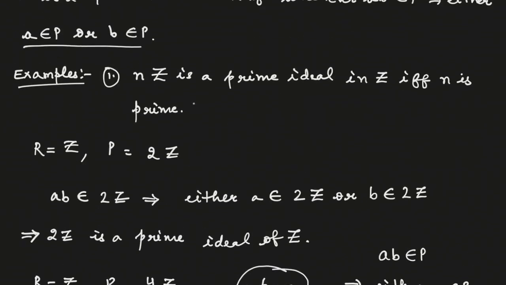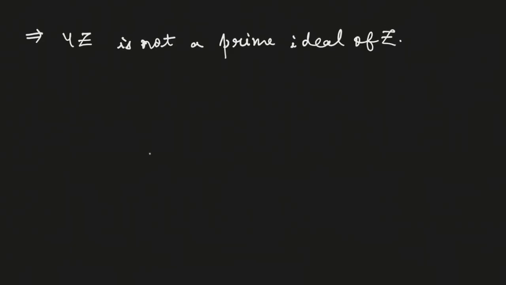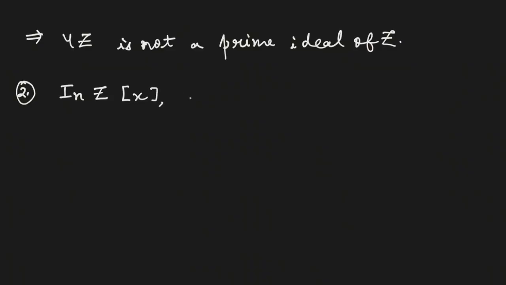So if nZ wants to be a prime ideal, then n has to be prime. If it is not prime, then it cannot be a prime ideal. Second example. In Z[x], the ideal generated by x is a prime ideal in Z[x].